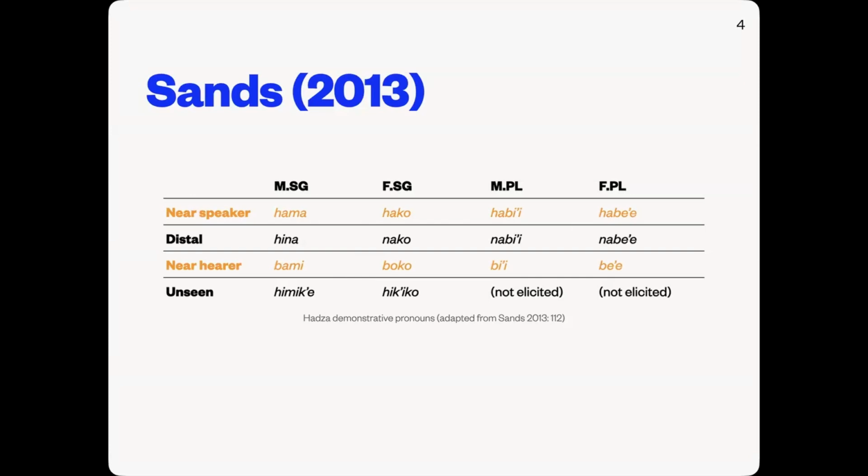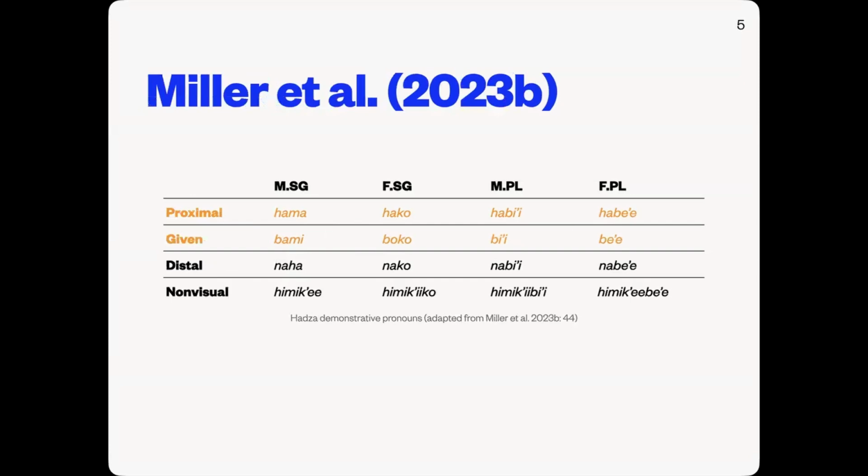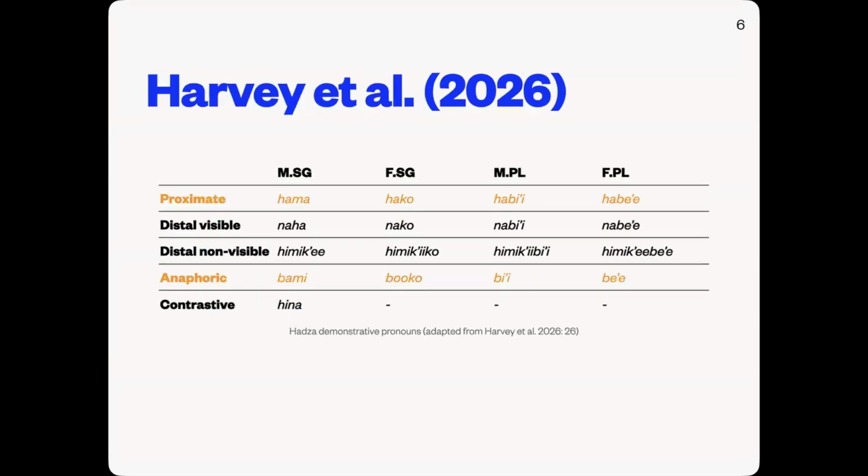So as you can see, we have very different ways of defining those demonstratives. I put up the slides to look closely at the paradigm, and we can clearly see the evolution of this debate. We move from a strictly spatial interpretation to one that recognizes textual and pragmatic uses, especially in the latest grammatical sketch by Harvey and colleagues.